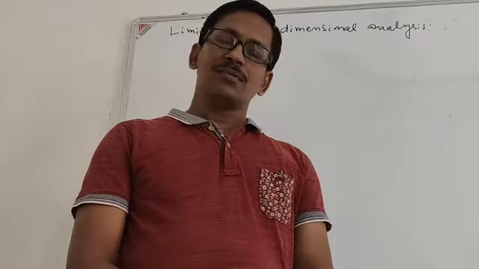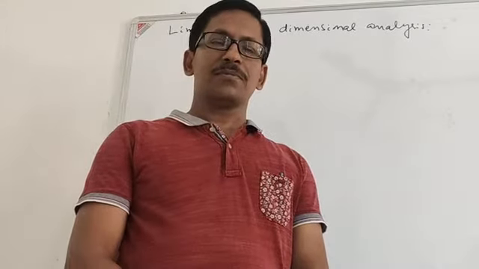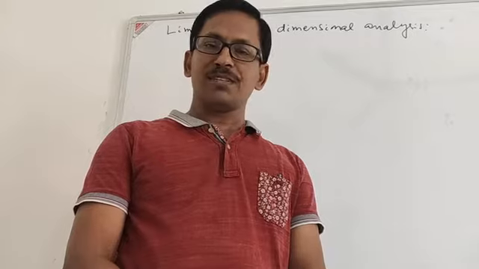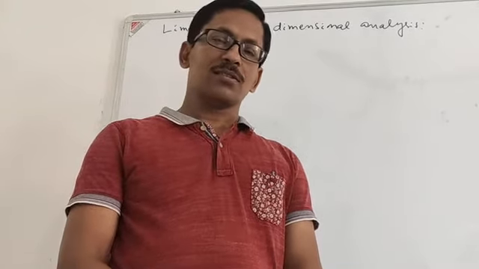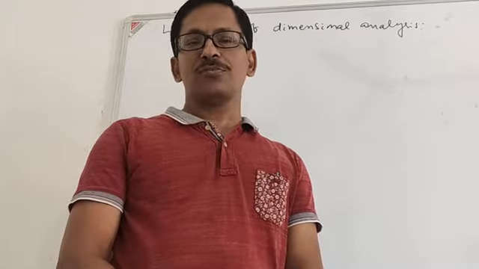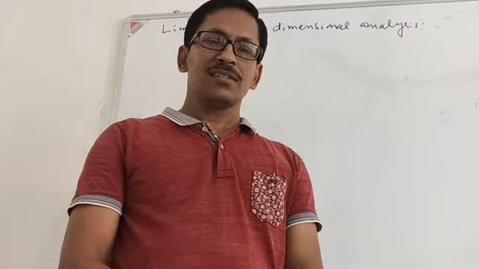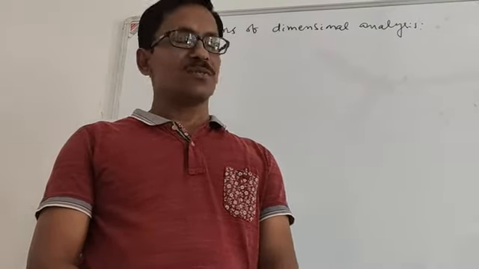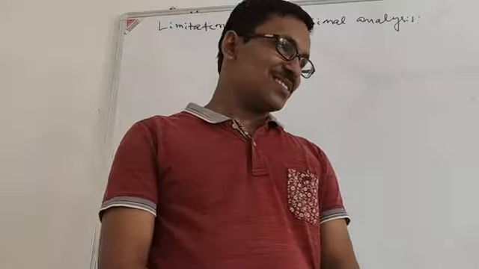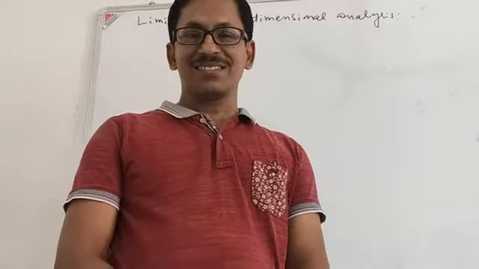Now we have derived the dimensional formula of many variables, and also we have discussed the 3 applications of the dimensional analysis. Still then there are some limitations of the dimensional analysis. What are the limitations?